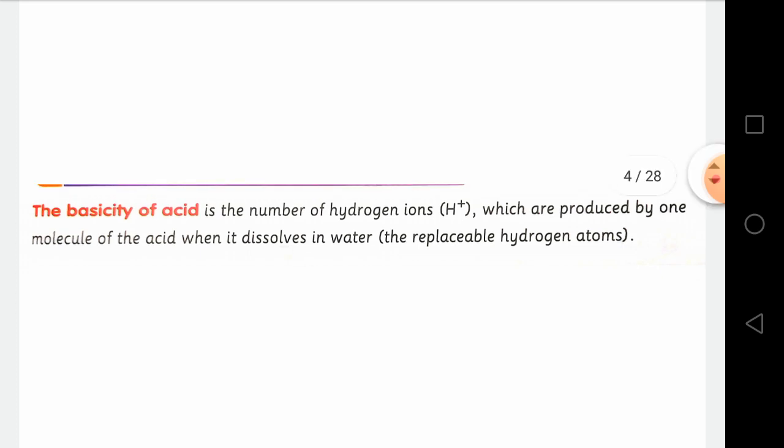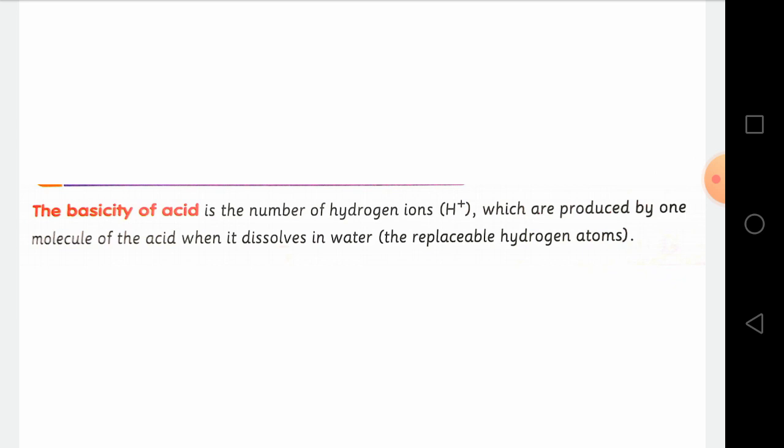Sulfuric acid contains two hydrogen ions, H2SO4, so this acid will be called a dibasic acid, while phosphoric acid, which is H3PO4, contains three hydrogen ions, so it is a tribasic acid.